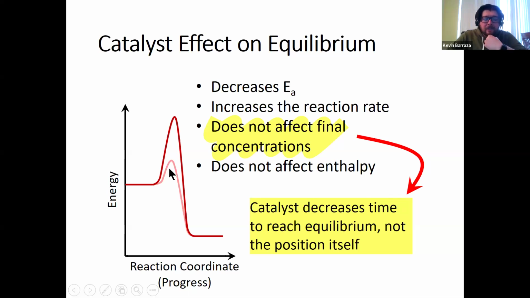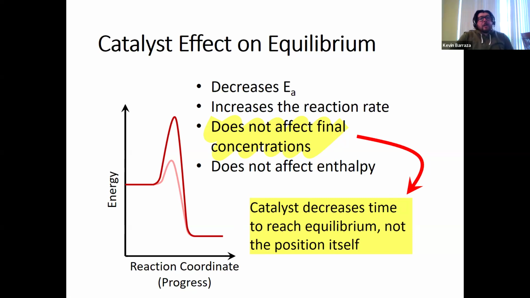And with a lower activation energy, the reaction gets to the finish line faster. But one thing that we want to be careful with is there's a temptation to think that it does more than that. And the answer is it doesn't. It does not affect the equilibrium. It does not affect final concentrations. It just helps get there faster.